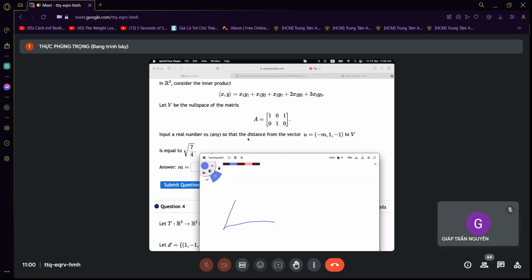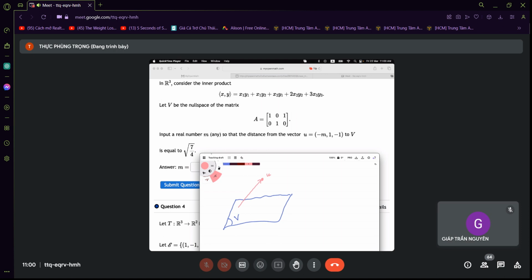Let's say you have a subspace V right here, and you have a vector. Let's say this is your vector U. When you draw a vector, you can imagine that as a point if you want. So a point right here is a vector. Or if you want, you can identify this with an arrow, which seems more natural, right?